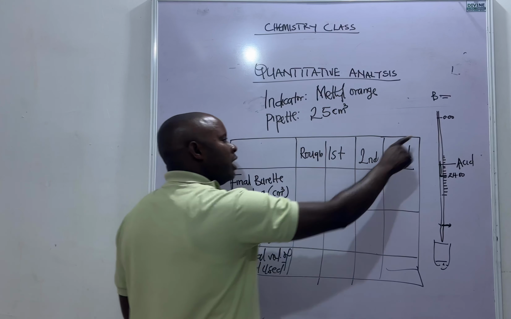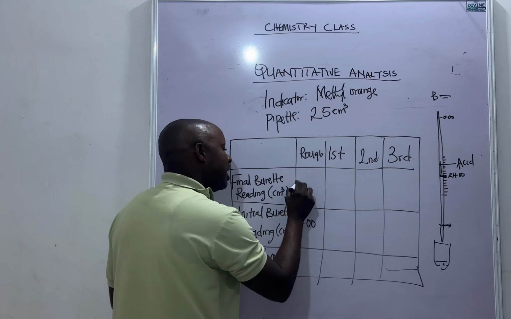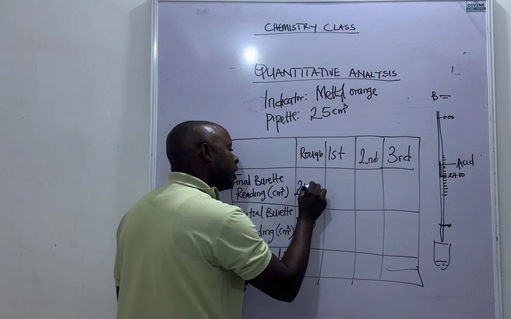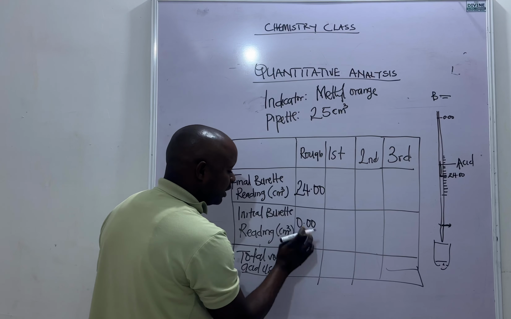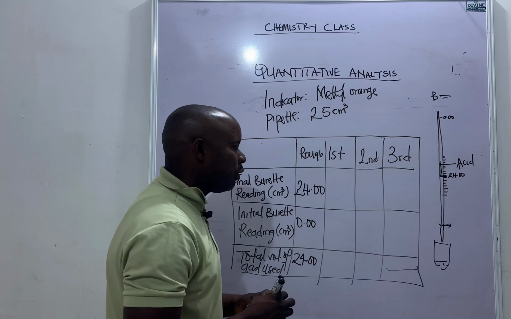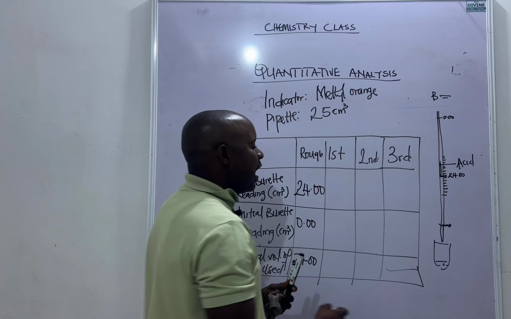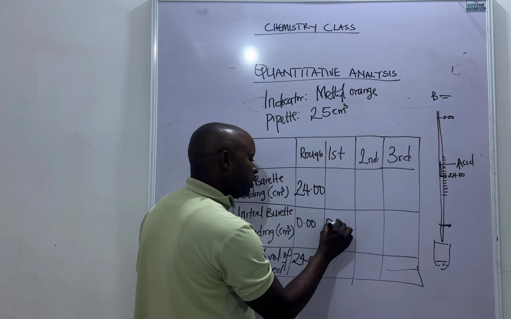So if I start from the origin, that is 0.00, and I got 24.00, I can say 24 minus this, I'm going to have 24.00. So what is the essence of this rough? The essence of this rough is that I will now refill my burette to 0.00.